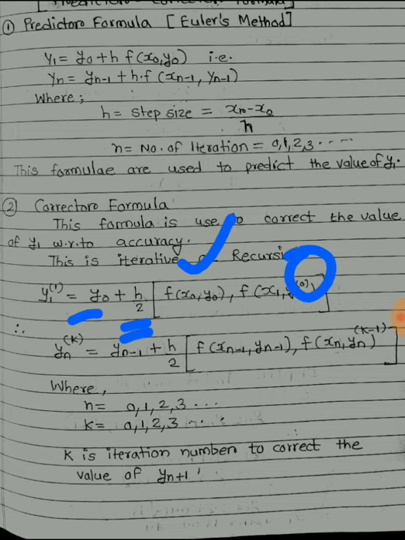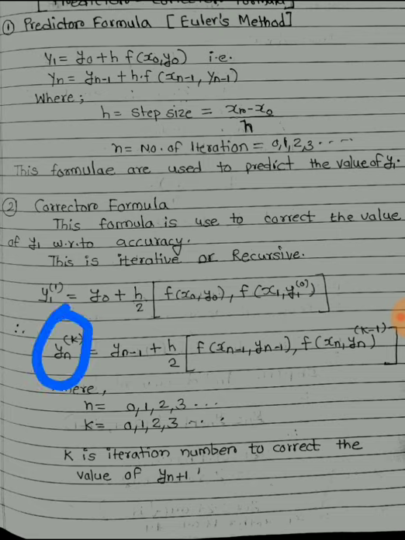Generally, you may not have understood what I said just now. Generally this formula is given by yn raised to power k equals yn minus 1 plus h by 2 f of xn minus 1, yn minus 1, comma f of xn, yn raised to power k minus 1.